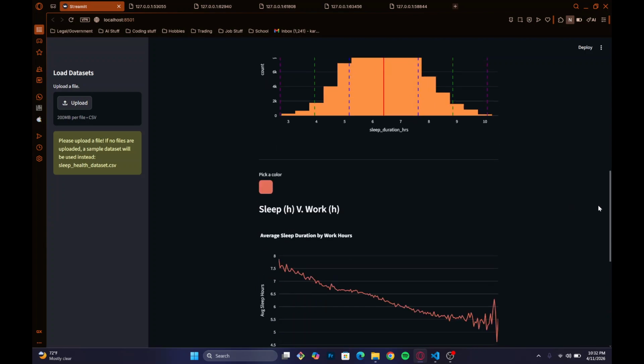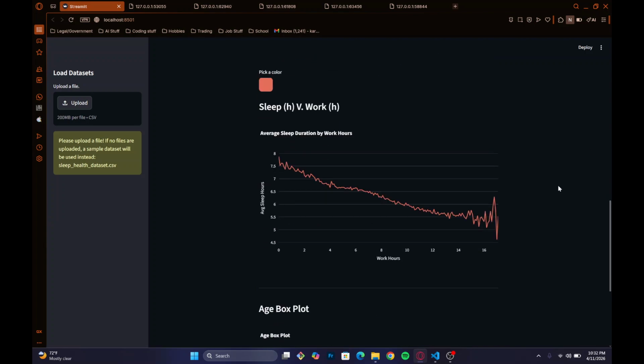Now, next thing I did was I made a line chart of sleep versus work hours. Now you can see how as the amount of work hours increases, the amount of hours slept decreases.